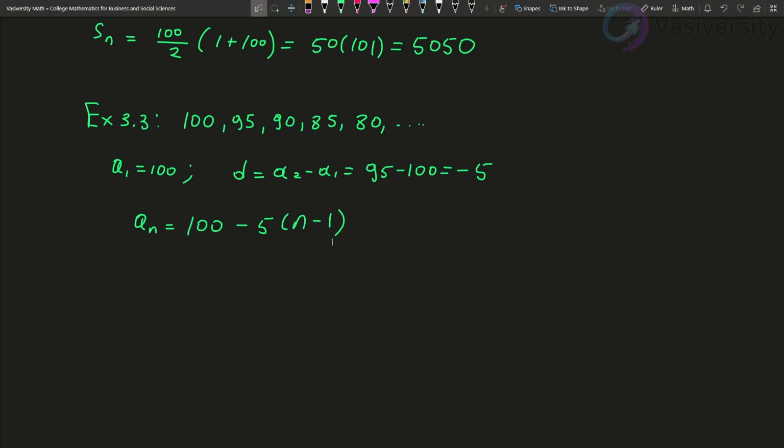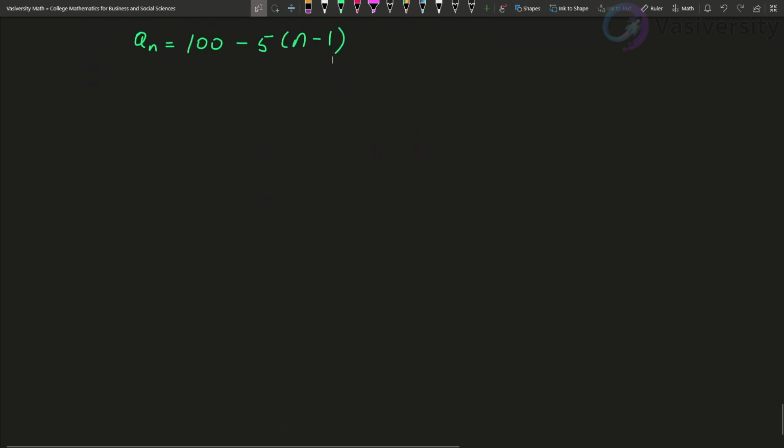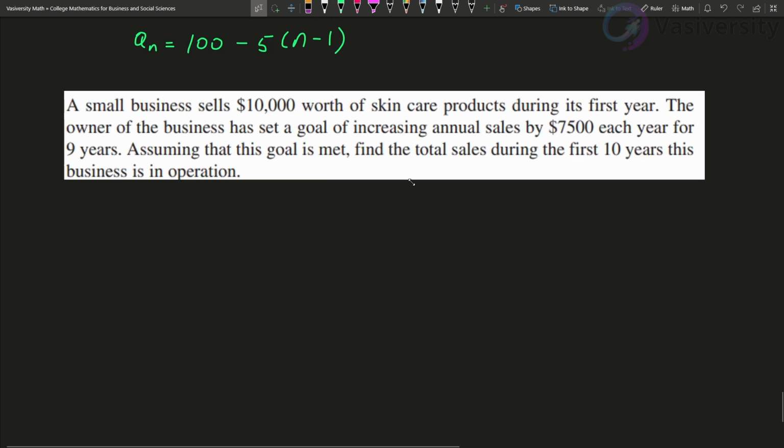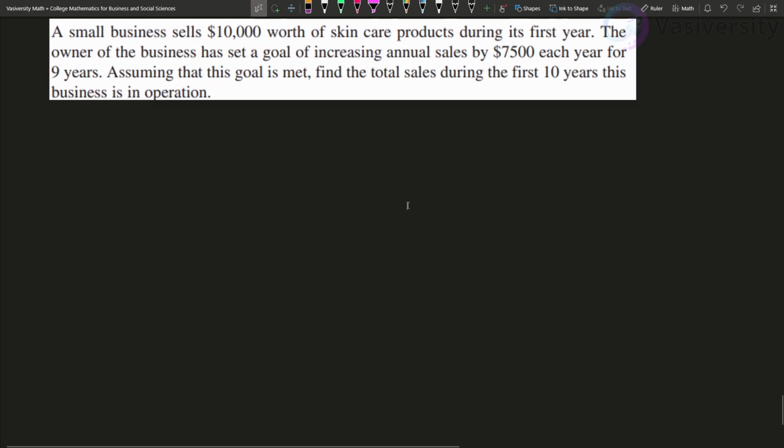All right. So let's see some of the applicational examples. So that would be an applicational example for a small business here. A small business sells $10,000 worth of skincare products during its first year. The owner of the business has set a goal of increasing annual sales by $7,500 each year for 9 years.